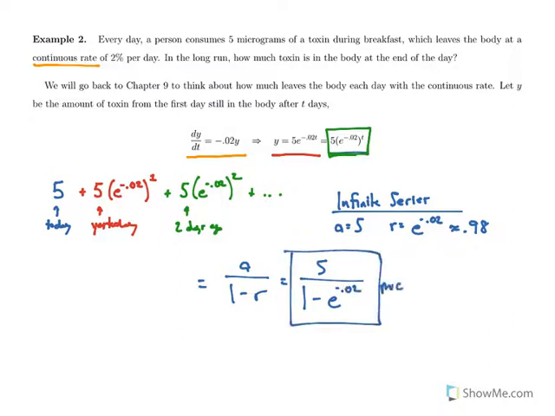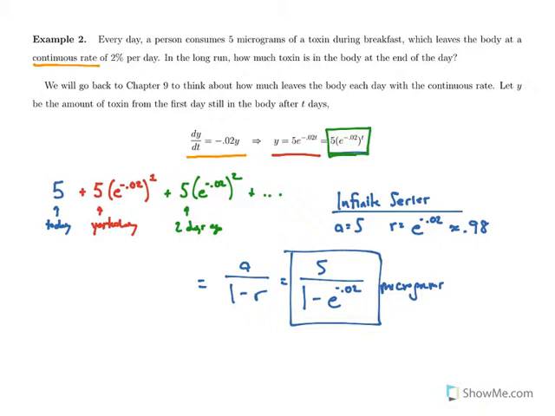And that is how many micrograms are going to be in our system at the end of the day, because we have it from all the previous days as well. And this is going to be forever. The next day we're going to have that same amount because we're adding the same amount each time. This is like our steady state kind of idea.